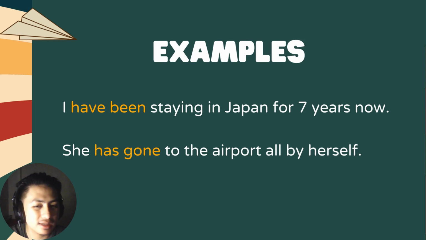Looking at the second example, she has gone to the airport all by herself. So she is the subject, has is the auxiliary verb, and gone is the past participle of go. So she is singular, and now it is followed by has. So she has gone. Okay.